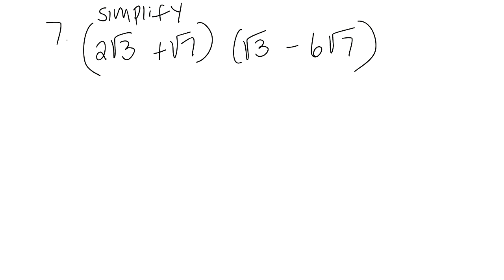So here they want us to multiply. We multiply using FOIL, and then we take into account our rules for radicals. So I multiply my first terms together, 2 radical 3 times radical 3.